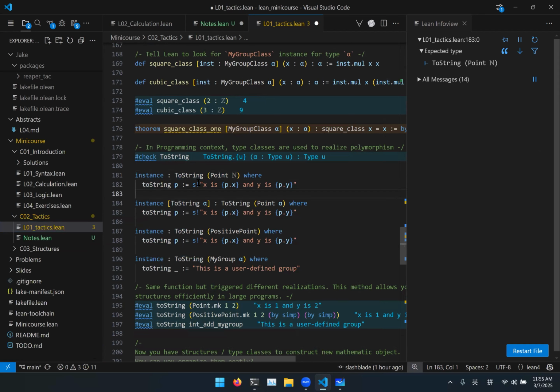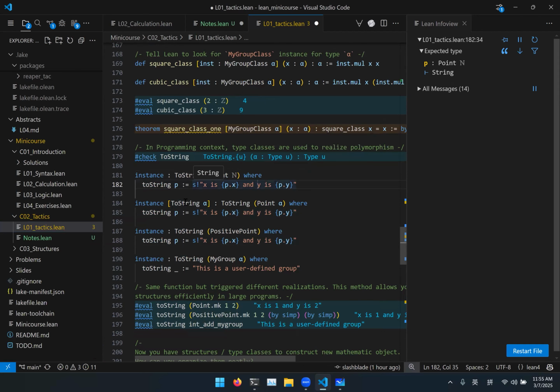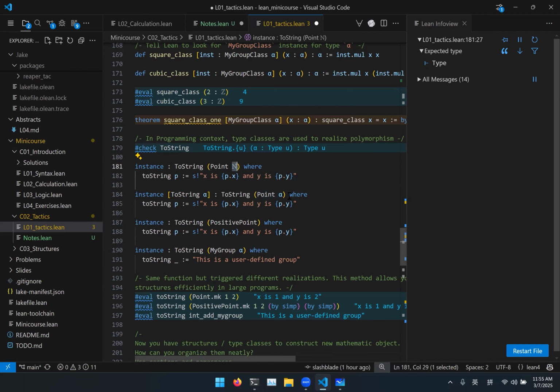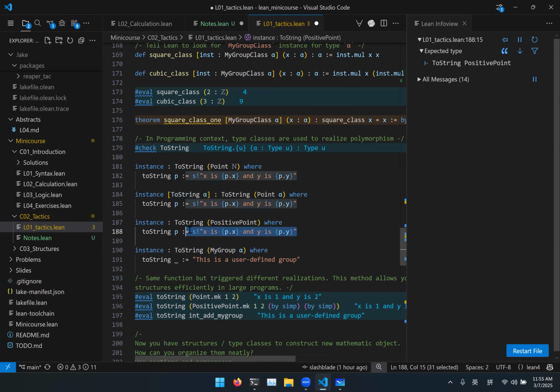For example, for the point, which I programmed, it will show what is X and what is Y, and this is for different types. And for the positive point, we can still extract what is X, what is Y. This string is completely customizable. It will define different behavior with respect to a different structure.